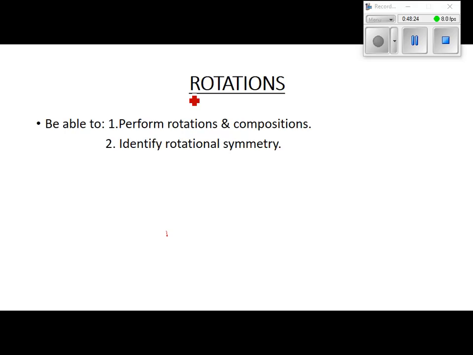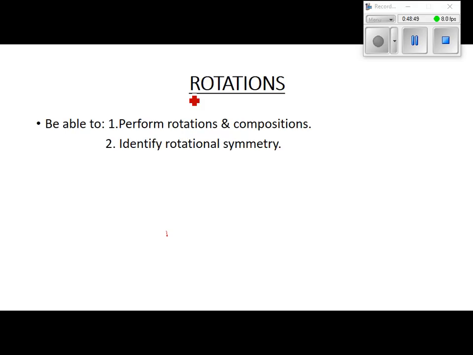When you get to higher level maths and sciences, you will do that, because if you're dealing with something like a pulley, is it just going to turn once and then stop? No, it's going to turn and turn and turn. A pulley, or a wheel. So that's rotational symmetry.